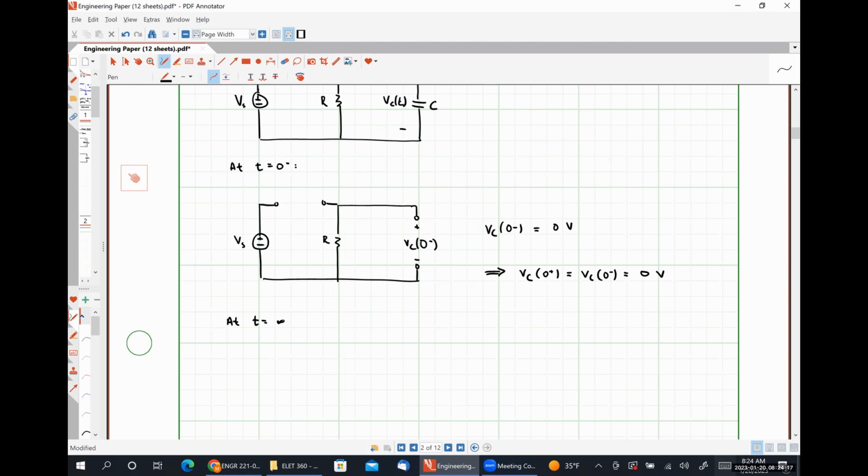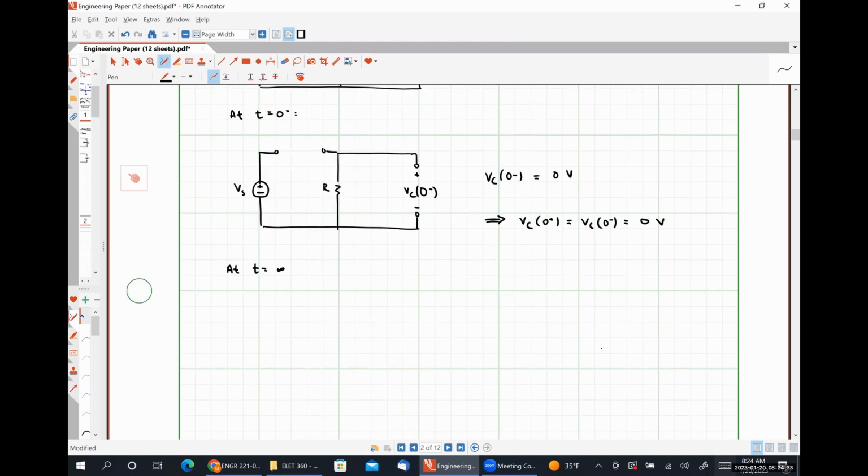But now we have the opposite case where our source is going to be connected to our energy storage element at t equal to infinity. So at t equal to infinity, our circuit is going to look like this. Our switch is now closed because it closed at t equal to 0, and it's going to stay closed forever, effectively.